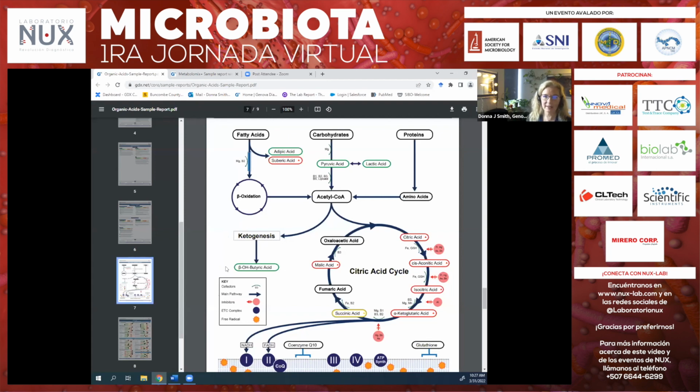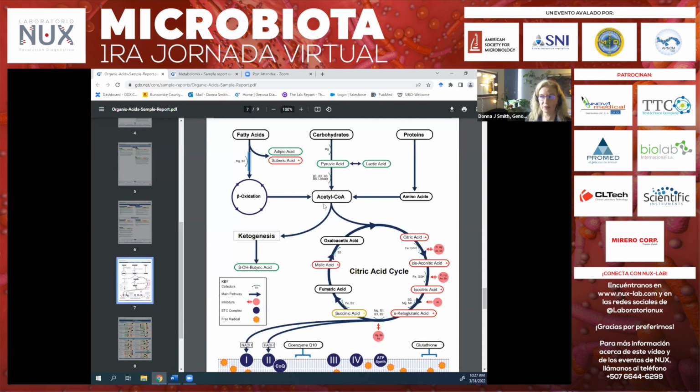Here we can see that it's circled in green, and that means that it's within normal reference range. But this can be elevated whenever there are certain nutrition plans, if there's a paleo diet or a keto diet, or if someone is fasting. An elevation here too could indicate insulin and glucose dysregulation or prediabetes and diabetes.